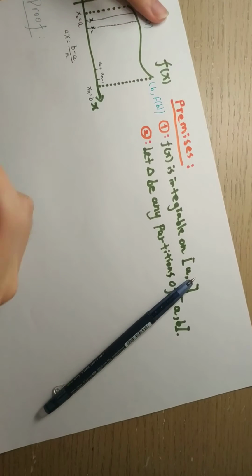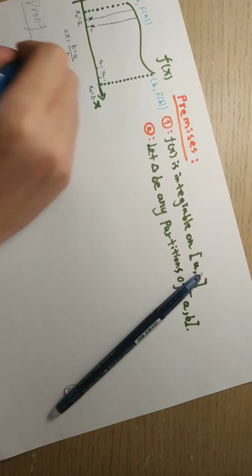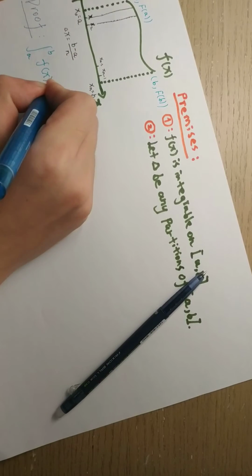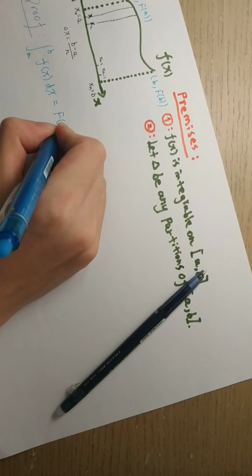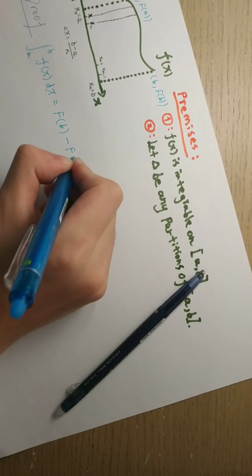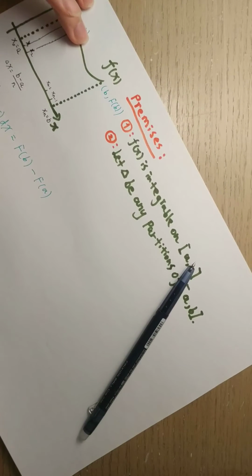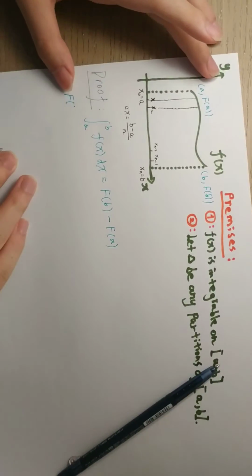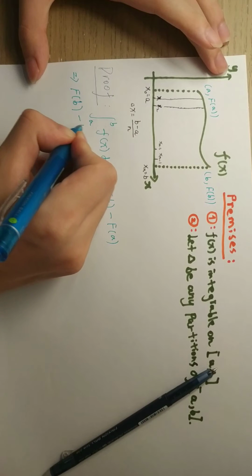What we want to do here is prove that the integral from a to b of f of x is equal to f of b minus f of a. So here we go. First we start with f of b minus f of a.